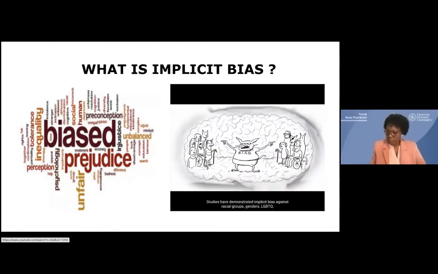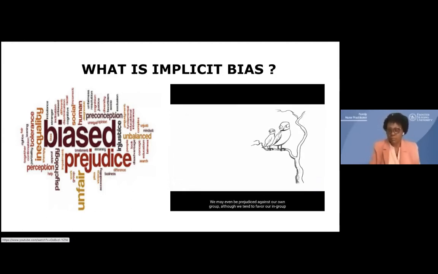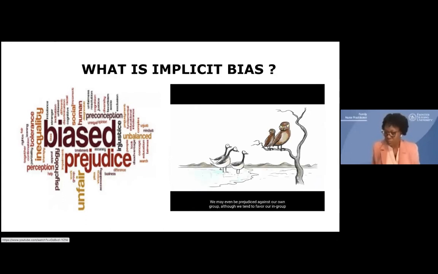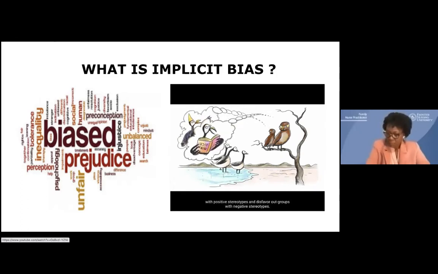Studies have demonstrated implicit bias against racial groups, genders, LGBTQ, and other marginalized groups. We may even be prejudiced against our own group, although we tend to favor our in-group with positive stereotypes and disfavor out-groups with negative stereotypes.